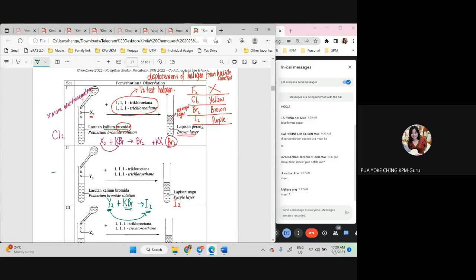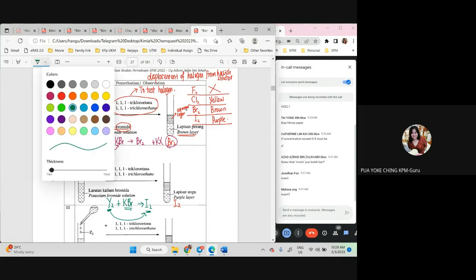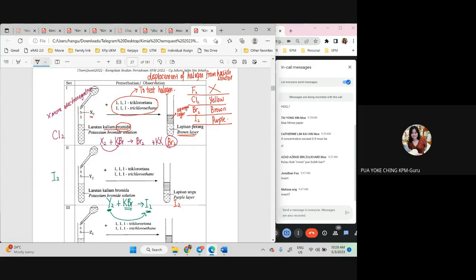So, your Y2 is actually I2. Ada displace tak? Kalau displace, maksudnya you kena dapat Br2 kan? Do you have Br2? No. So, eksperimen 2, no displacement.